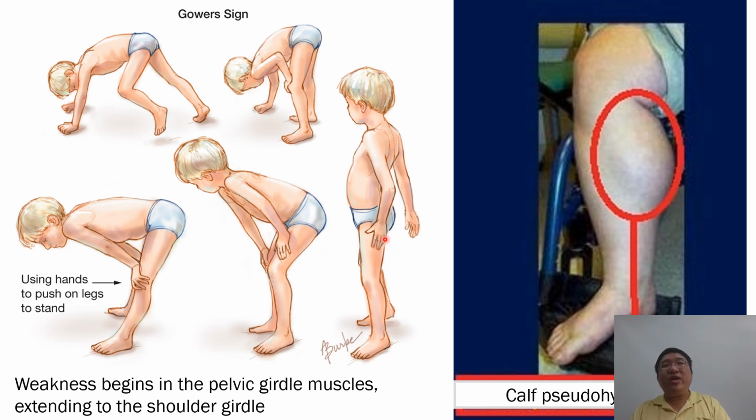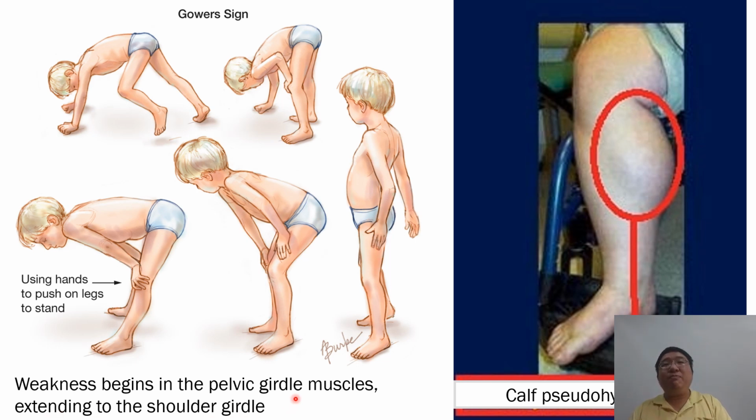And then when he stands, he usually uses his hand to hold his hip, because his hip is so weak. He has muscle weakness at the thigh, at the hip area. So this is Gowers' sign. The weakness begins in the pelvic girdle muscles extending to the shoulder girdle.